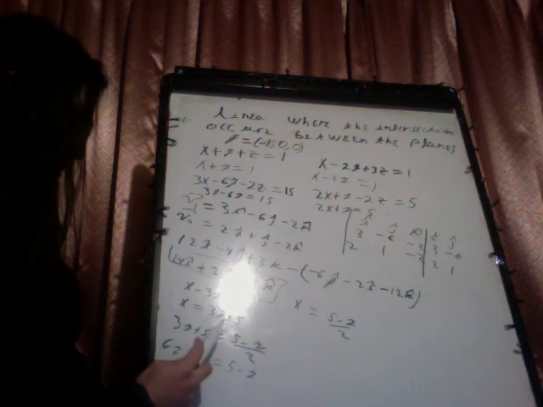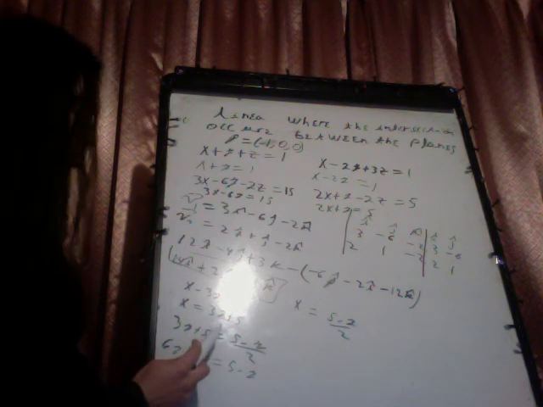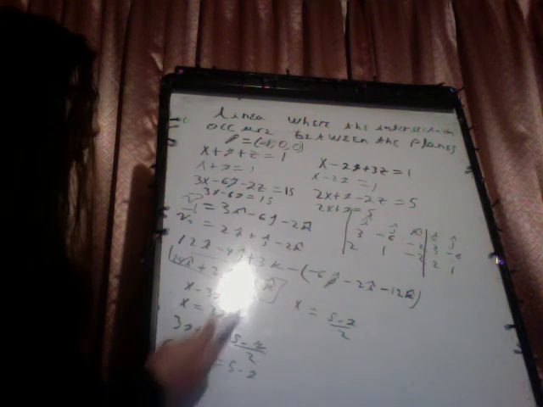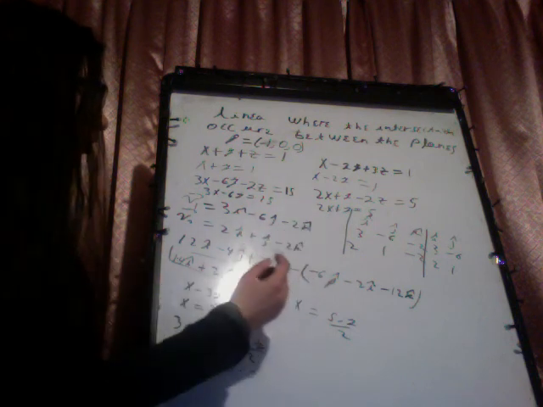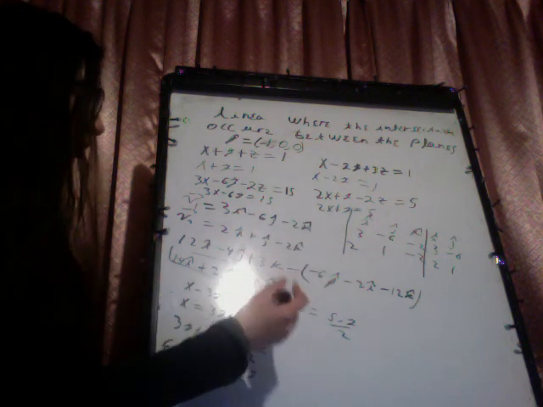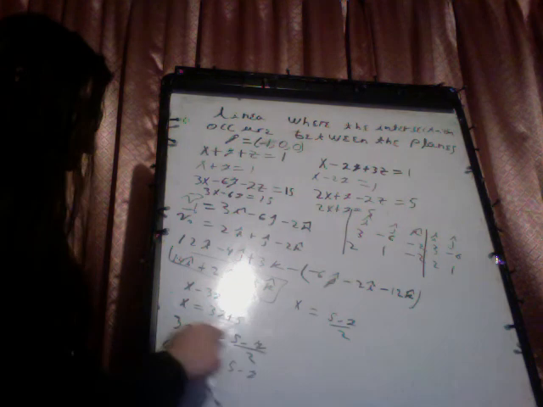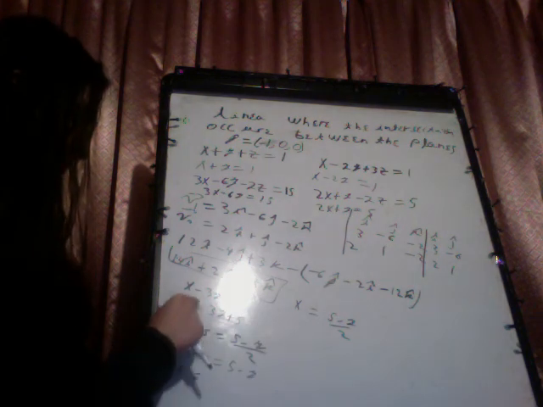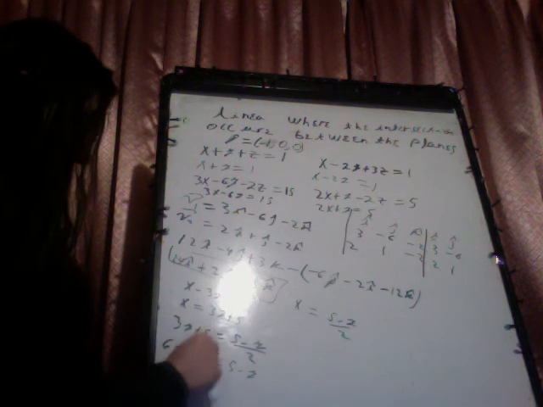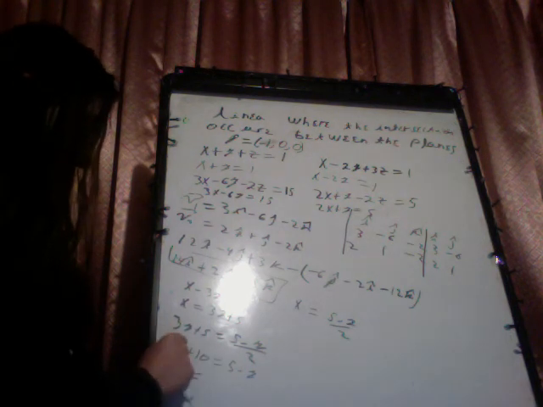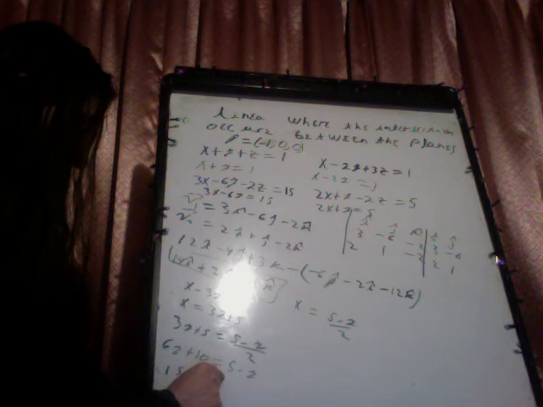Five plus 3y, 2x plus y, so here's 5 minus y divided by 2, 3y plus 5, so I have 6y plus 10.